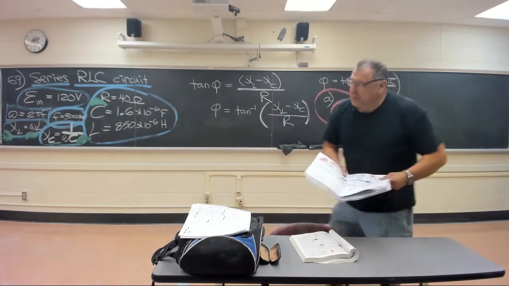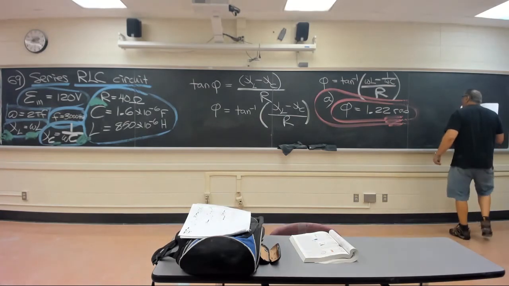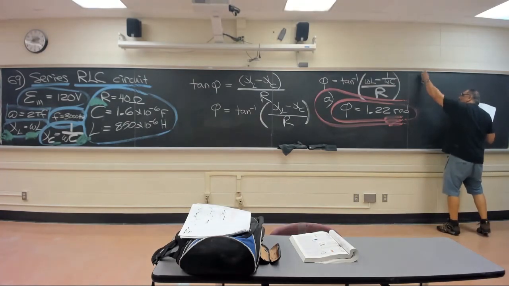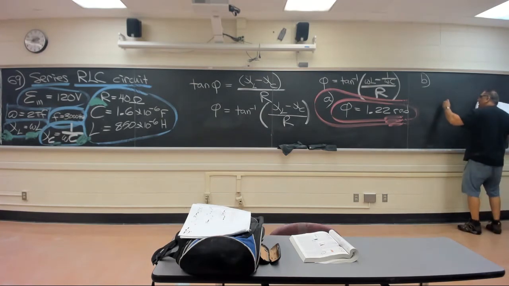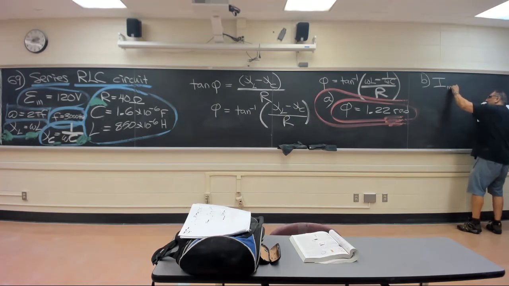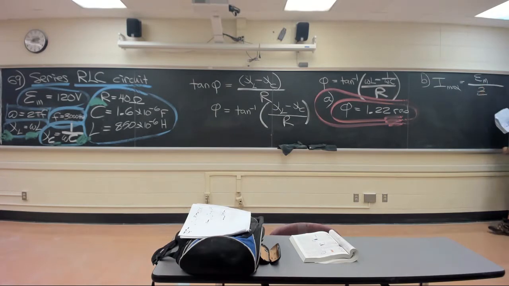The current amplitude is pretty straightforward stuff. Regarding the circumstances in which we find ourselves, you're simply saying the current amplitude is I max, and I max will arise from the electromotive force, the maximum value it can have, divided by the total impedance.